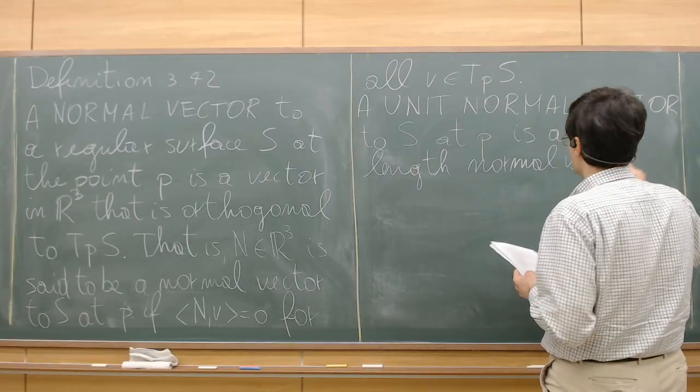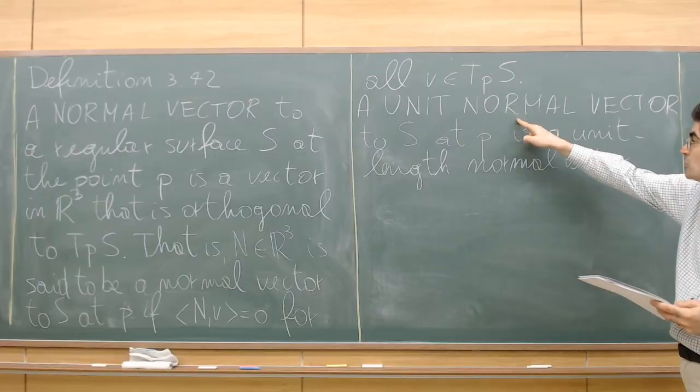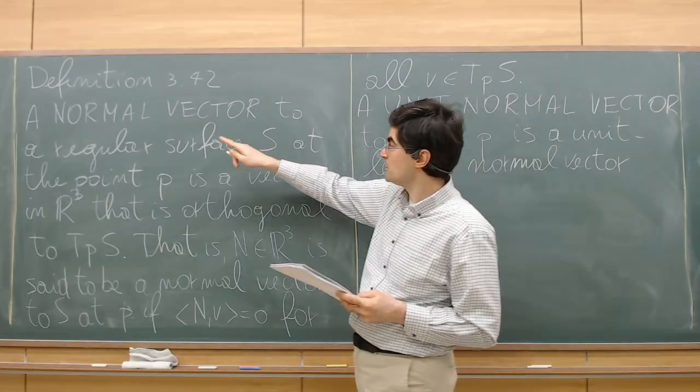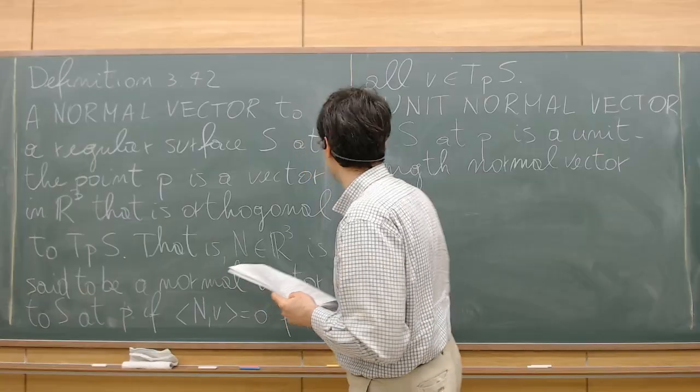So the unique difference between the definition of unit normal vector and the definition of normal vector is the length.